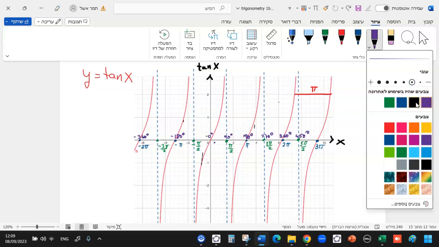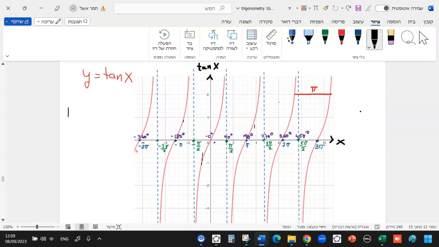We can also see one exact value. We know, for example, that tangent of pi over 4 or tangent 45 degrees is 1. So here is 1. And we can see here the pi over 4 or 45 degrees.